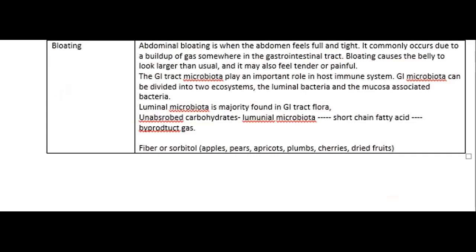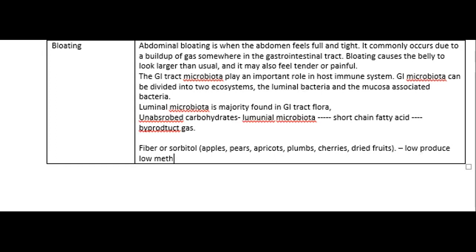The dried fruits are high producers of methane, and this methane causes an increase in bloating.